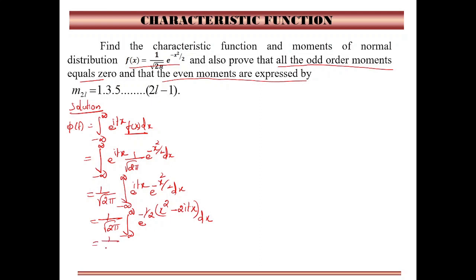Now in this we are adding and subtracting (it) the whole square. Therefore, x squared minus 2itx plus (it) the whole square minus (it) the whole square. We are adding and subtracting (it) squared into dx.